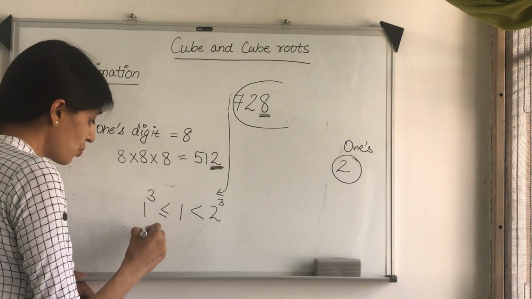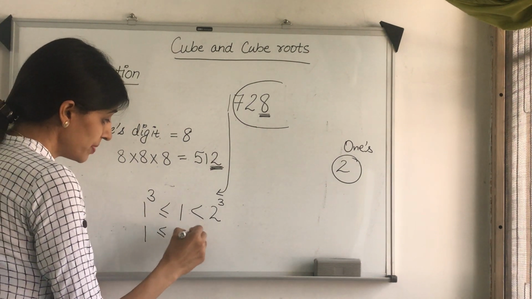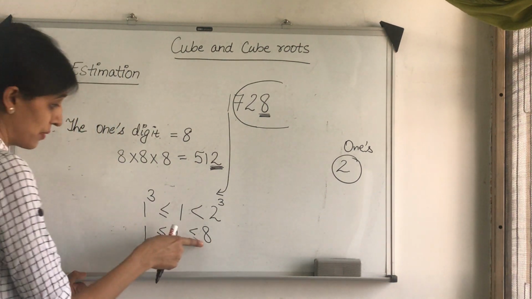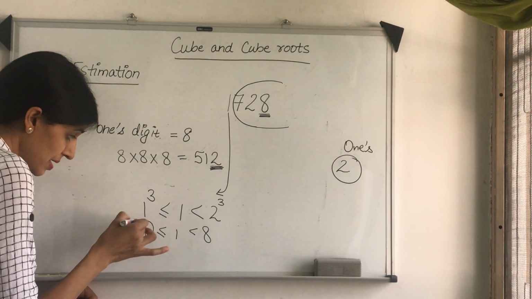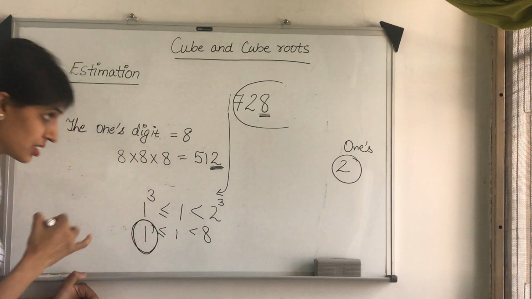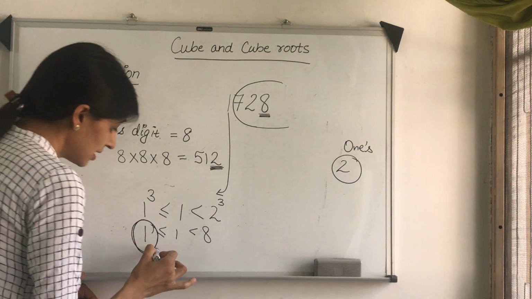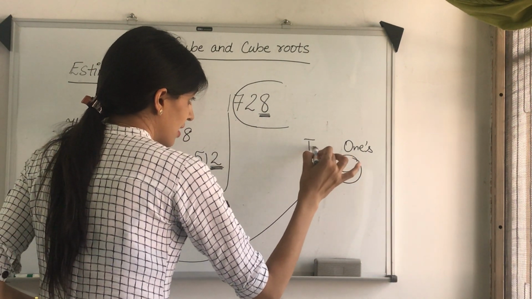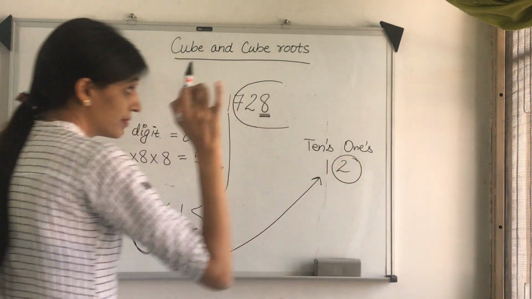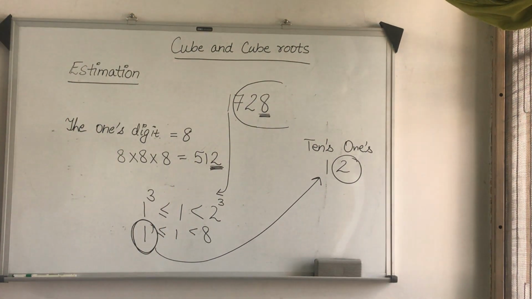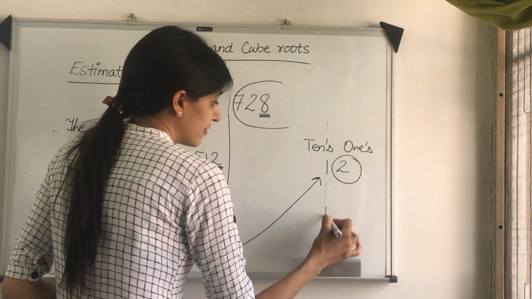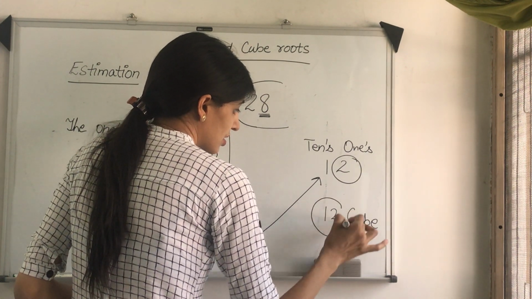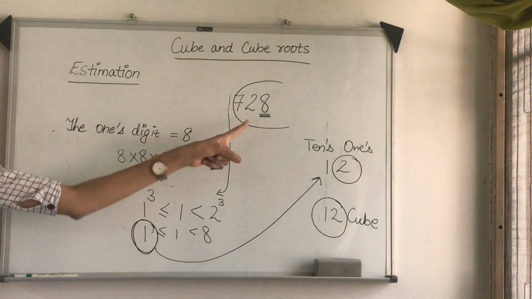So 1 cube is 1, 2 cube is 8. Clear till now? Now, whatever number comes over here, this will be the tens digit. So 1728 is the cube of 12.